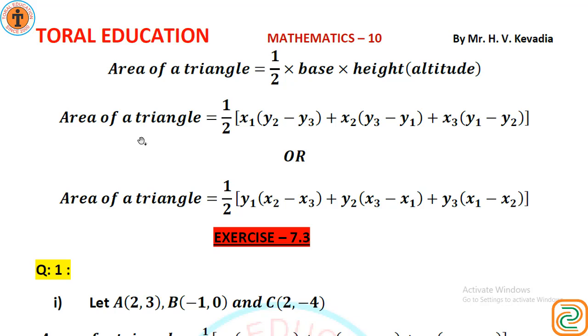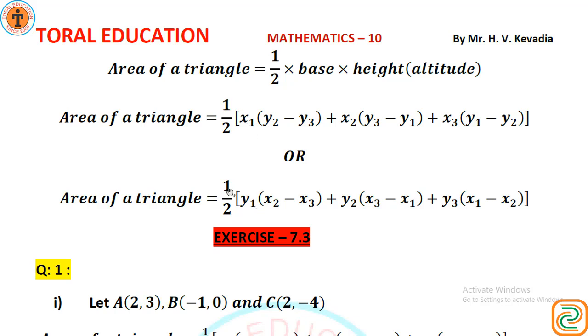The area of the triangle is half [x1(y2 minus y3) plus x2(y3 minus y1) plus x3(y1 minus y2)]. Similarly, you can take here y1.